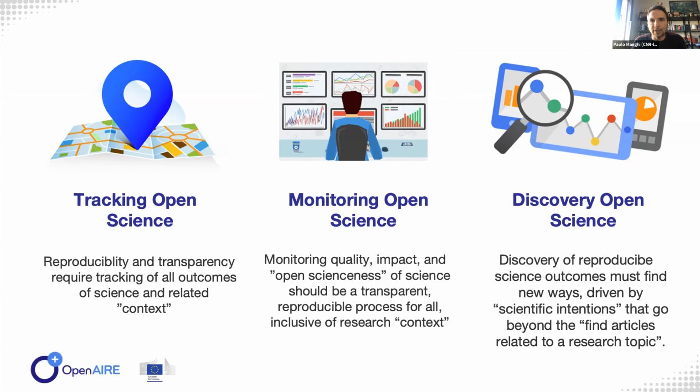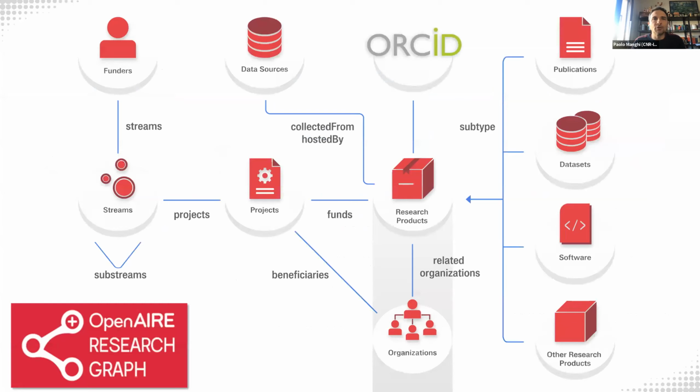So today I will talk about, as I mentioned, the OpenAIRE research graph. What you see here is a view from the moon of the kind of research entities we are dealing with. As you can see, at the center is the research product.